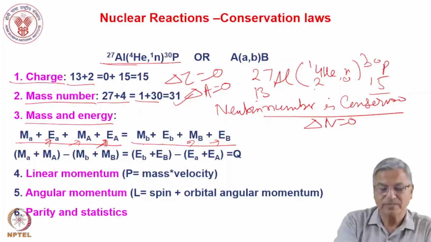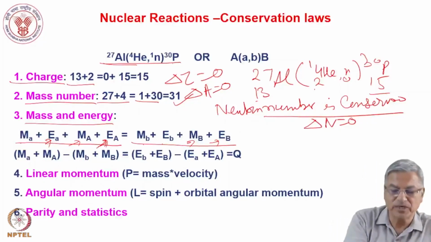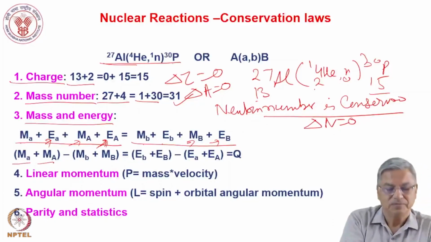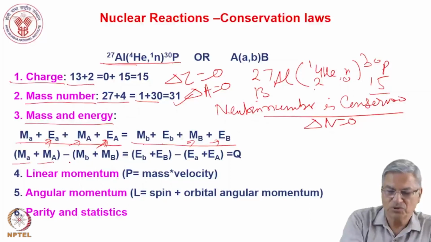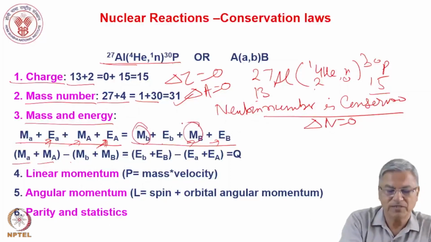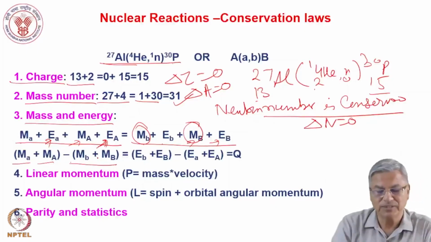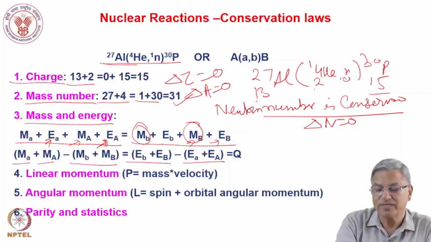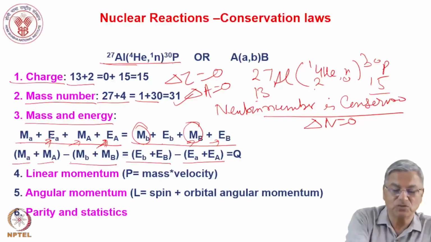Now you can rearrange this equation. So take the masses on one side: mass of projectile plus mass of target minus mass of ejectile minus mass of residue. In the bracket you put a plus, equal to kinetic energy of products minus kinetic energy of reactants, because the reactant term becomes negative from here.